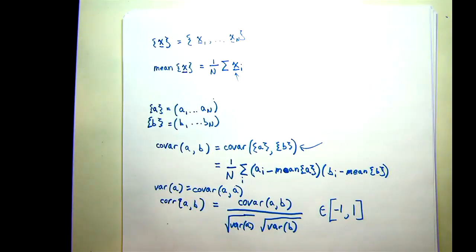If you have two sets of floats, you could calculate the covariance pretty easily. From that, we talked a little bit about correlation, which is just covariance that's been normalized by the variance of the individual sets that you're taking the covariance of, and that will get you a value between -1 and 1.